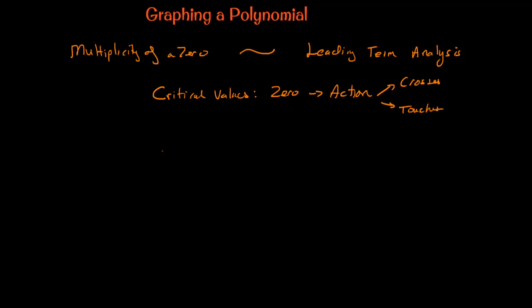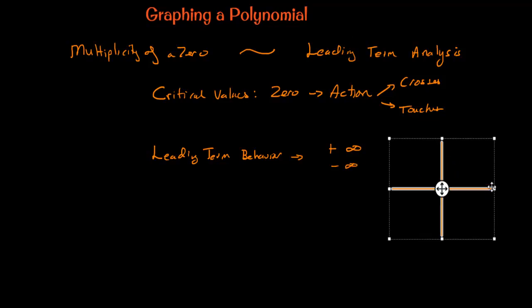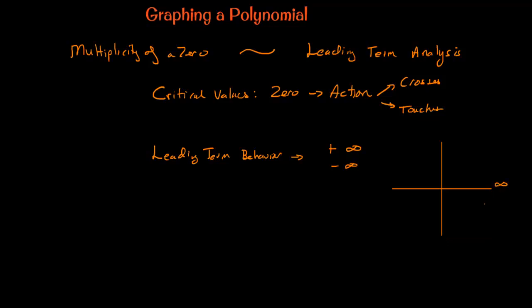The next thing that we're going to want to talk about is leading term, not end term, leading term behavior, which will give us what happens at positive and negative infinity. I'm going to start using the terms positive infinity and negative infinity. In terms of our graphs on our domain, positive infinity exists to the far right and negative infinity exists to the far left.